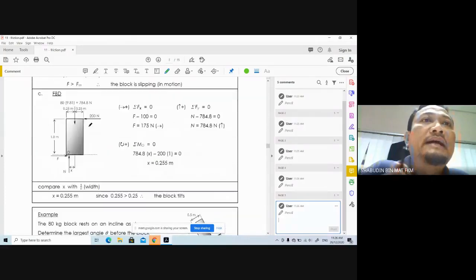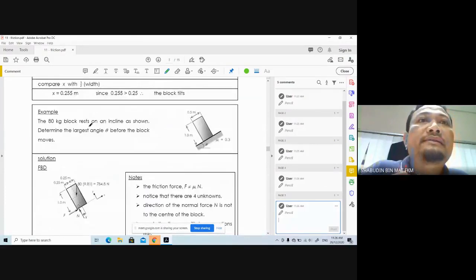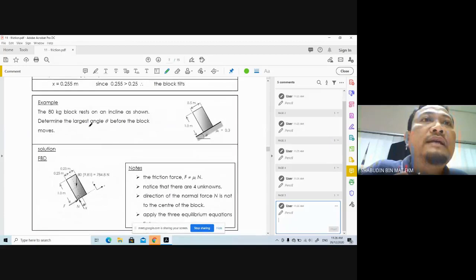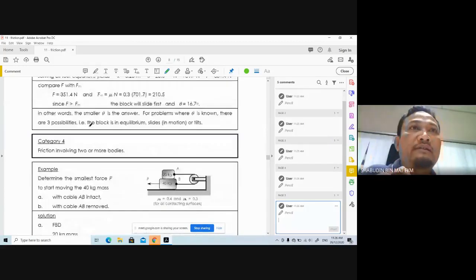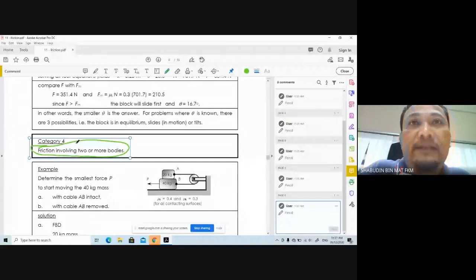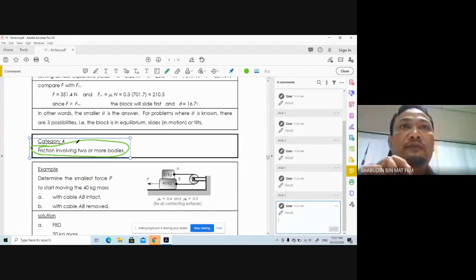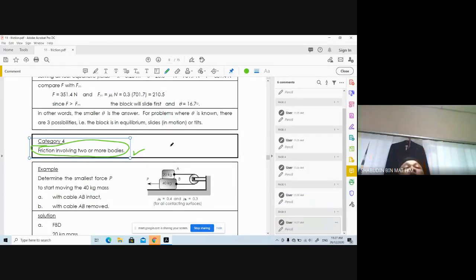And category 4 is friction involved with rigid bodies. So this is the part that we are interested in for a test and so on.